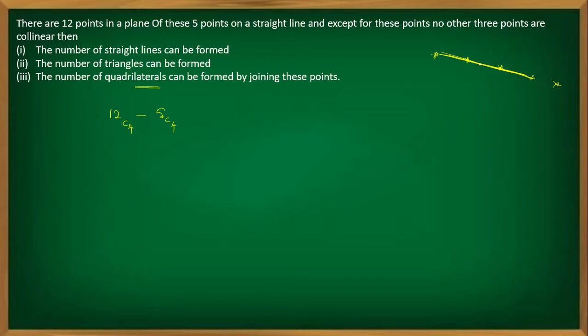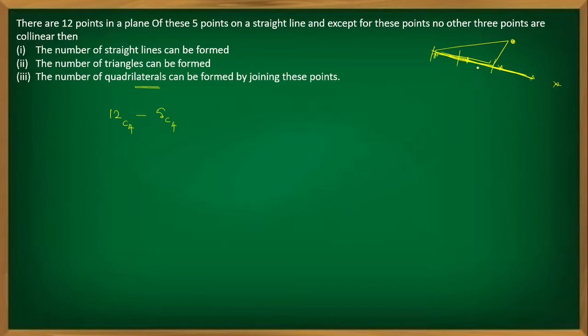One more thing to exclude: if you select any 3 points from 5 and 1 point from the remaining 7, that gives a triangle, so that should be excluded once again.